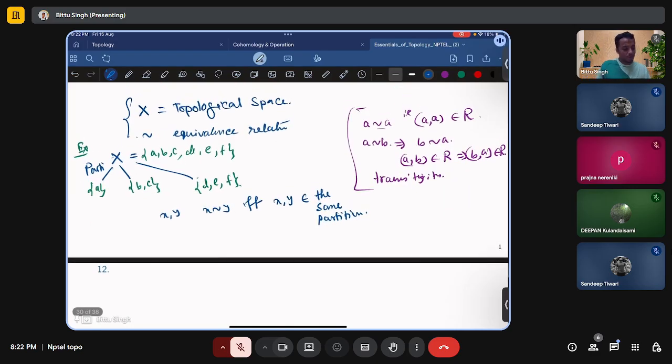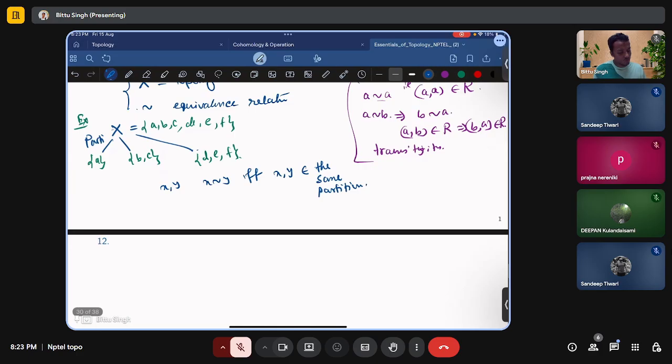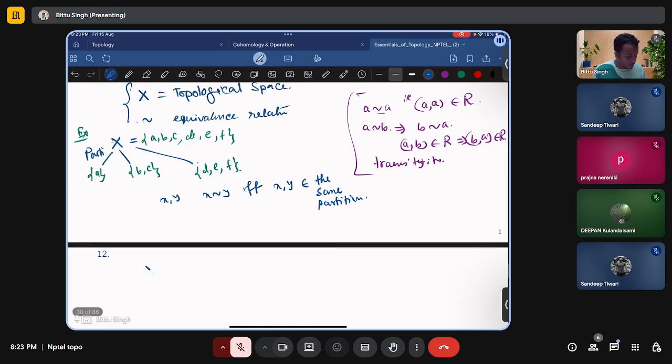So suppose the topological space X is given and there is an equivalence relation. Now you can identify those points as one point. For example, you can think of BC as a single point, DEF as a single point, right?